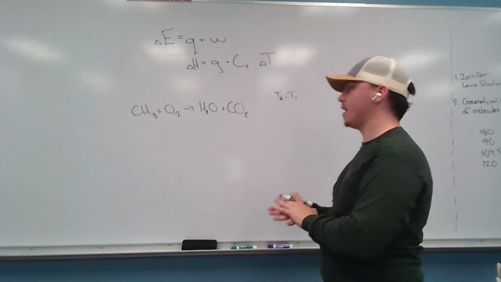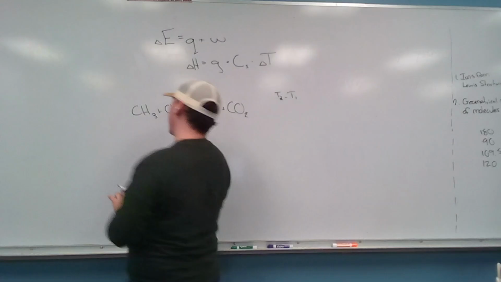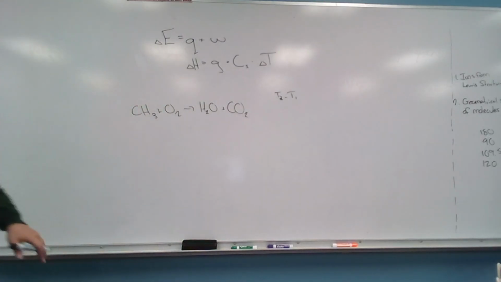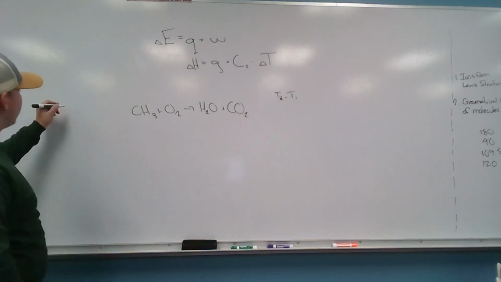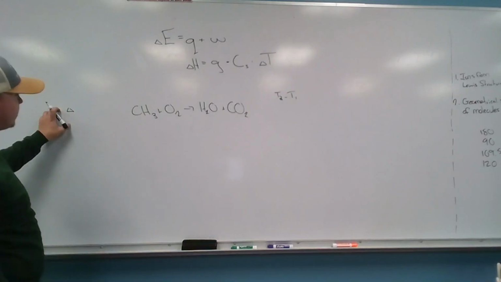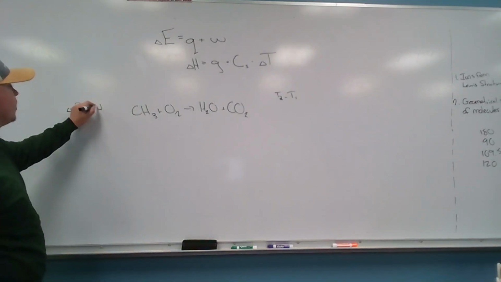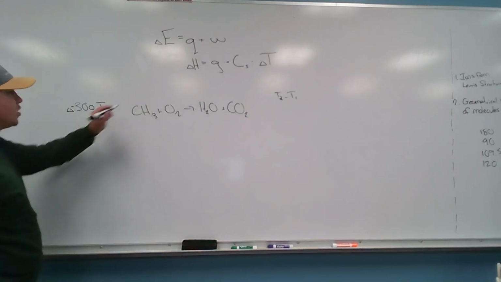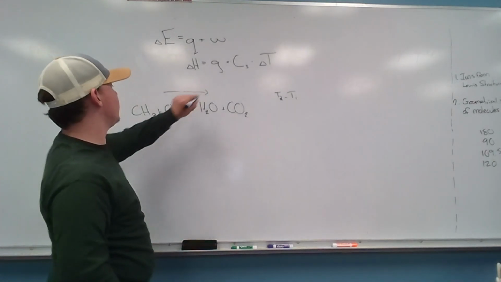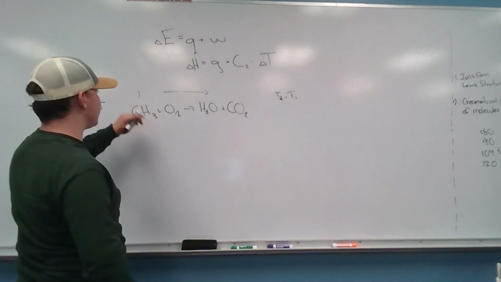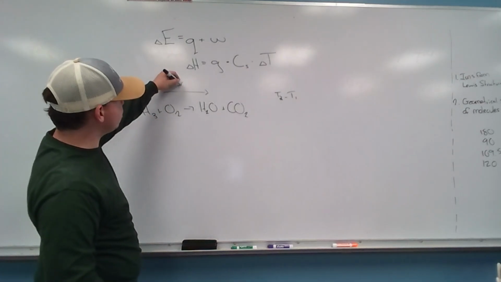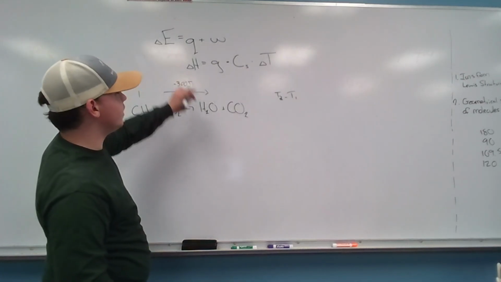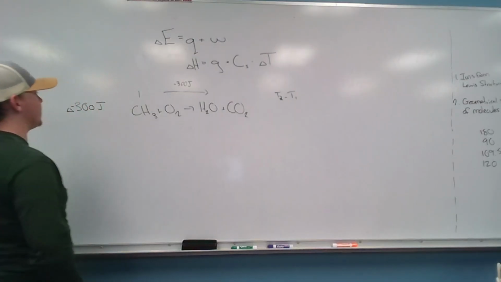I can say for every mole of CH3 that is put into this reaction, a given amount, let's say 300 joules, is released. So that's going to be negative 300 joules. So when I go in this direction, if I use 1 mole of this, I'm going to release 300 joules of energy just because of that.